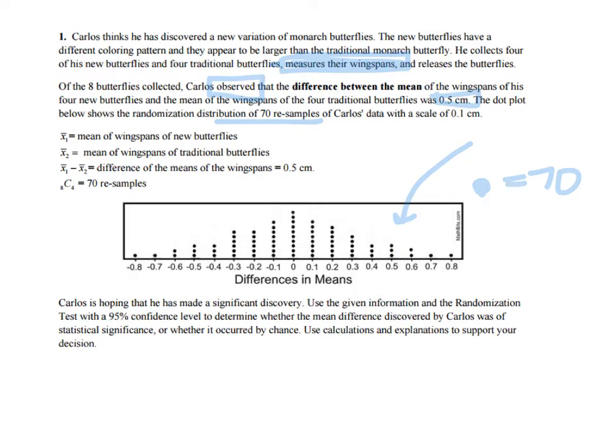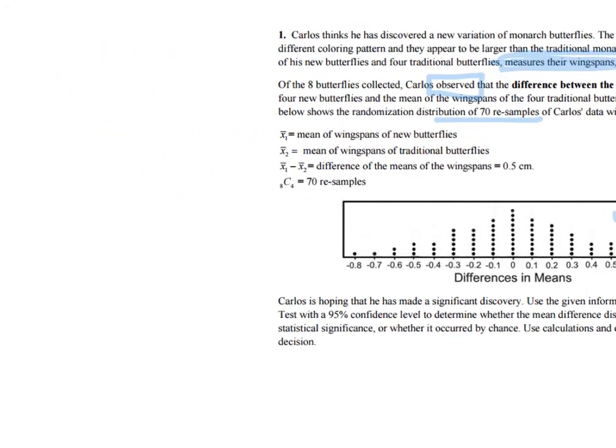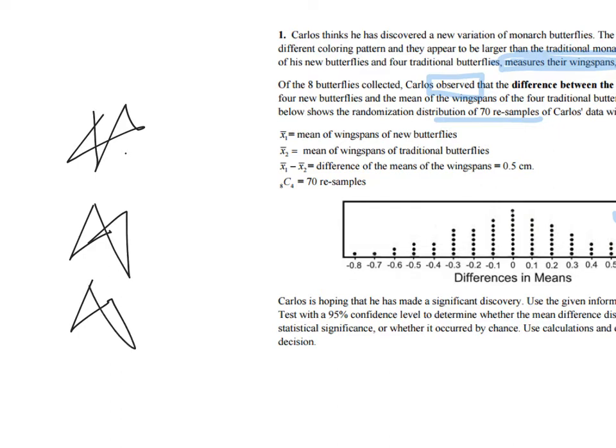So if you remember back to the tomatoes from the previous lesson, what is happening is he has a group of 4 butterflies. Let me see if I can write here. 1, 2, 3, 4. That's group A, kind of like the tomatoes.